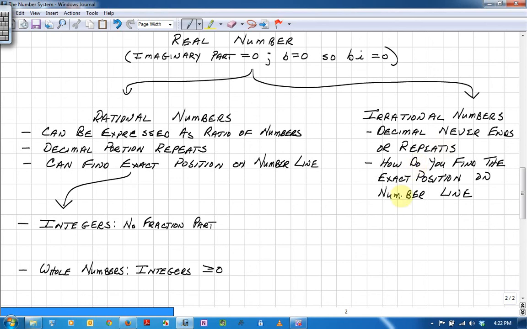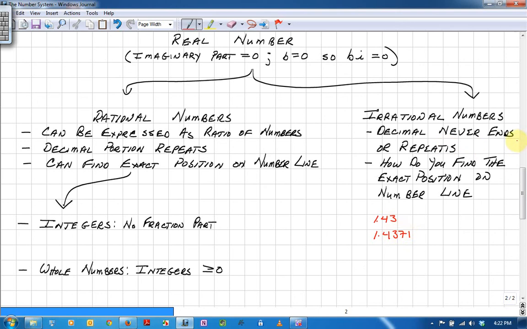Because let's say you had an irrational number that we had rounded to 1.43. So we want to place it at 1.43 on a number line, but actually that number is 1.4371. So actually we'd have to move it a little bit more. And the more accurate we get, we would just keep changing its position. So remember, the decimal never ends and it never repeats.